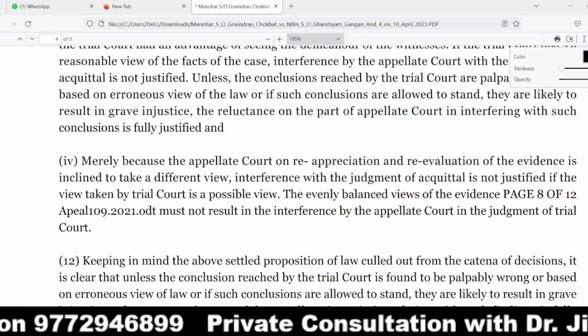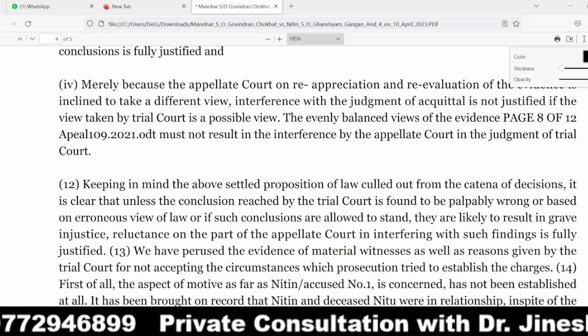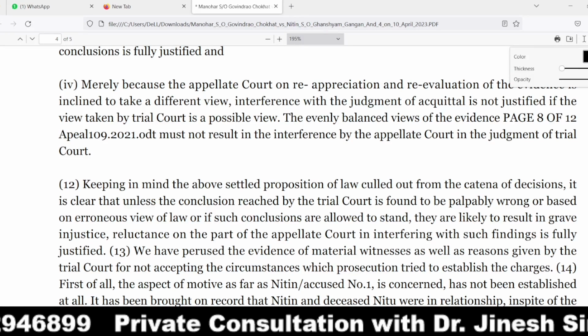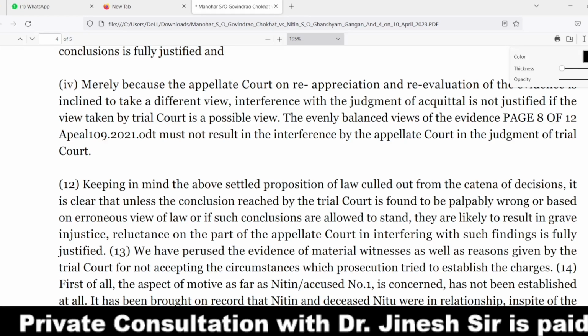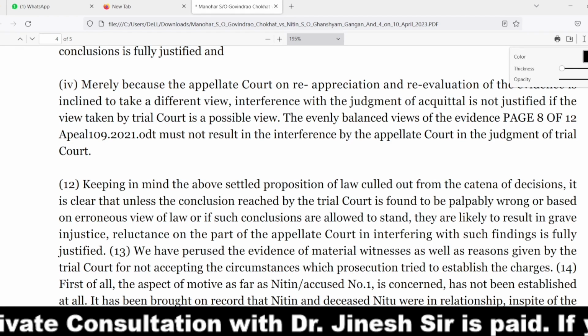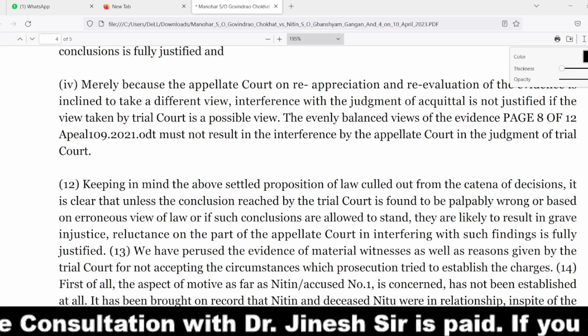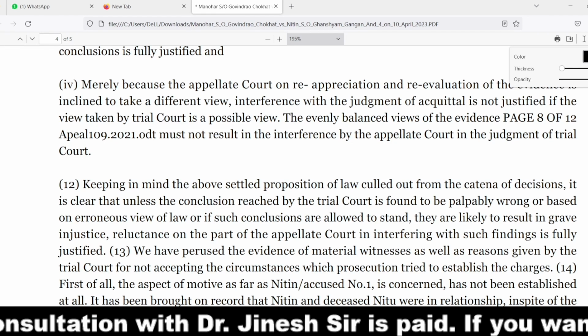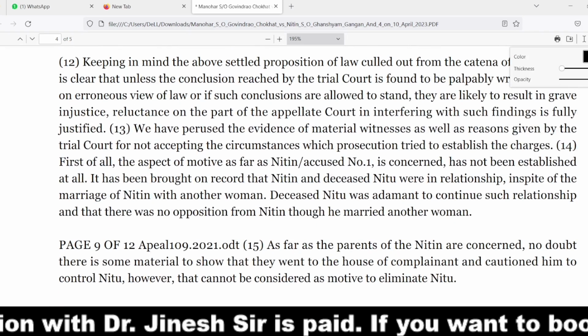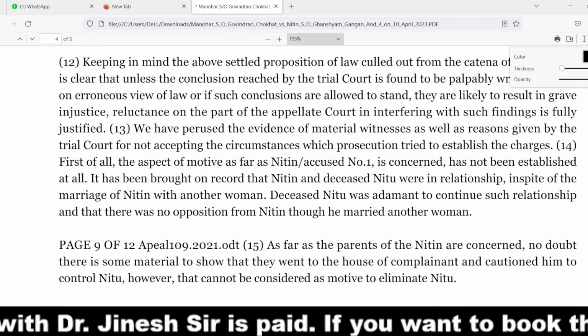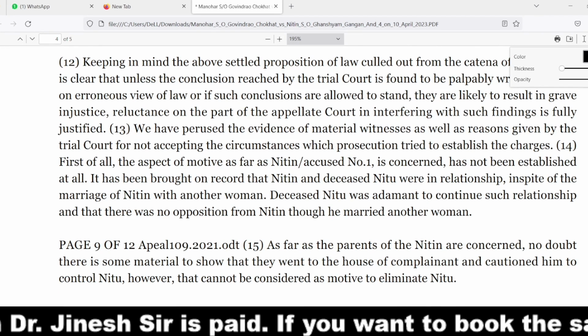Keeping in mind the position of law, the court clarified that the conclusion reached by the concerned trial court is based on reasonable grounds. The concerned appellant failed to show in which manner the judgment is impugned and how it is based on an erroneous view. If such circumstances are not specified, in that scenario, the guilt of the accused could not be assumed.